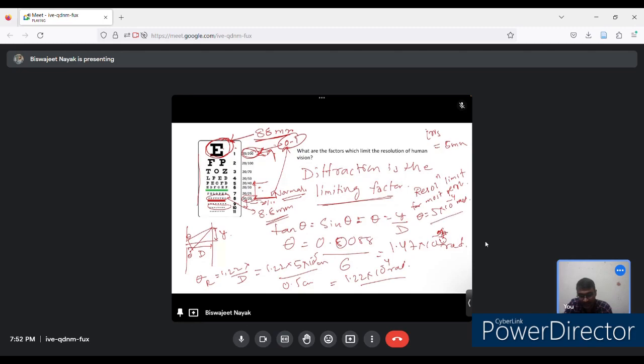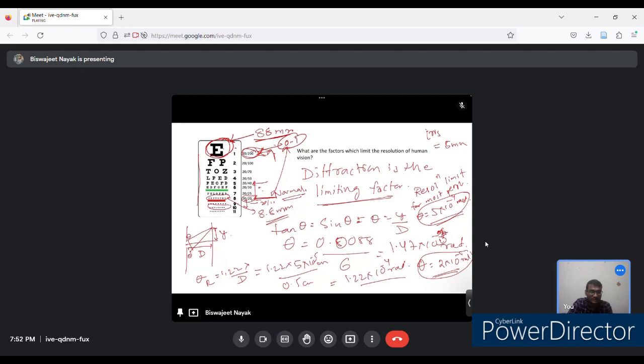And for acute vision, this is the limit at which one human eye can resolve 2 points. This is just one flavor I want to give as a practical example of the resolving power given by the Rayleigh criterion.